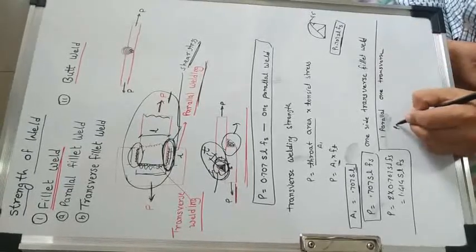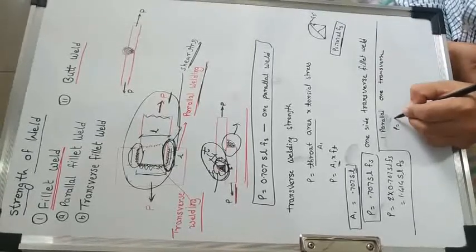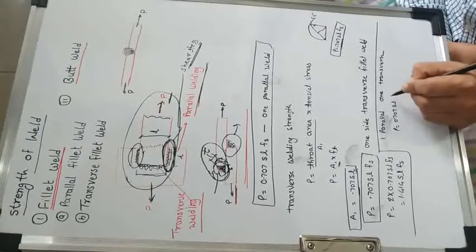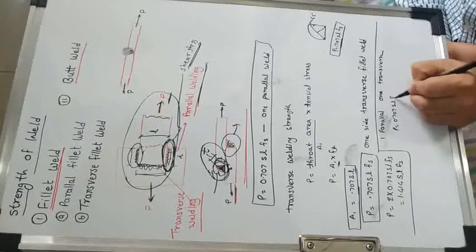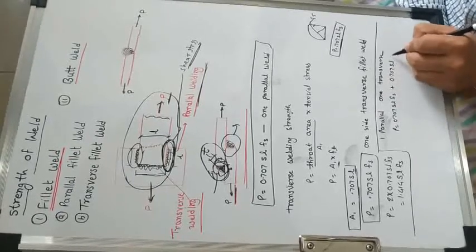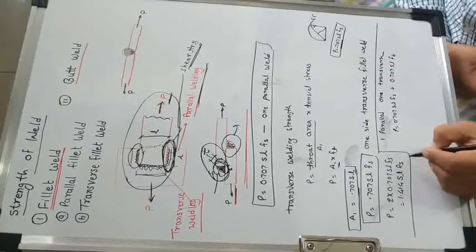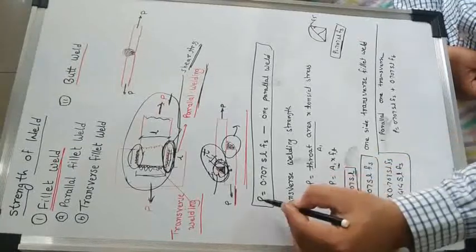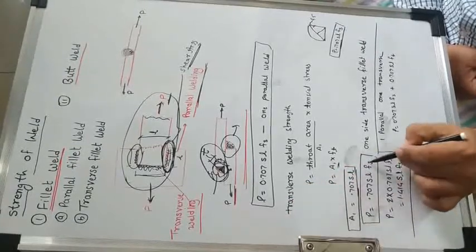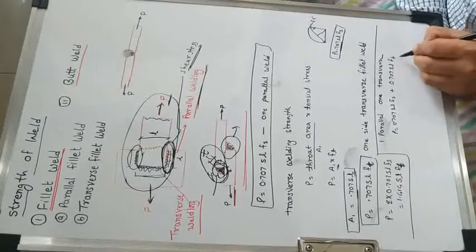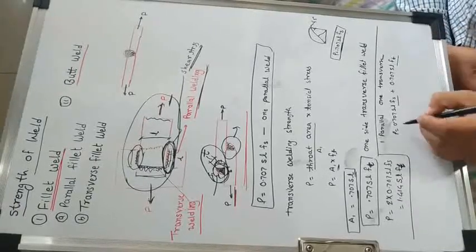So P is equal to 0.707 SL Fs plus 0.707 SL Ft. Here it is actually Ft.